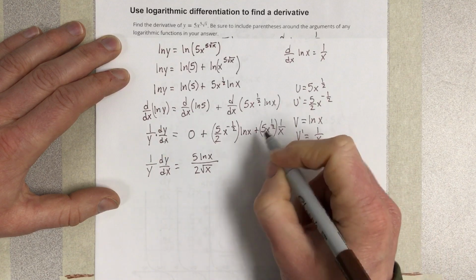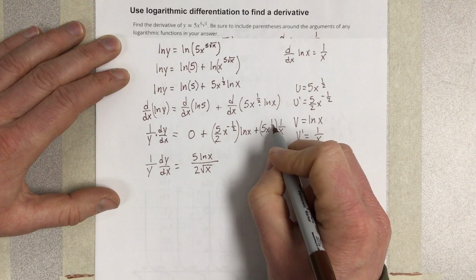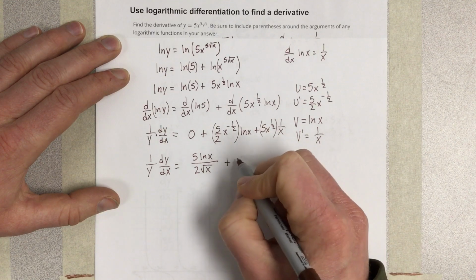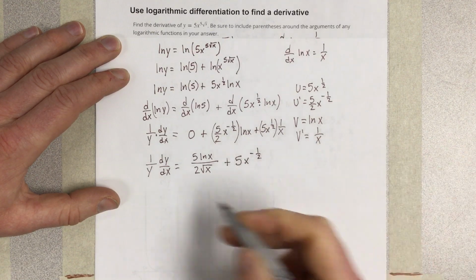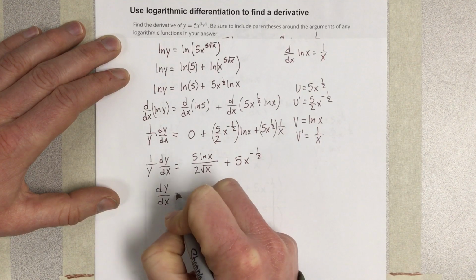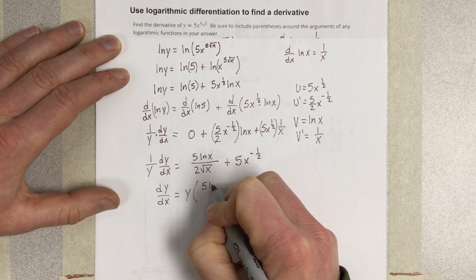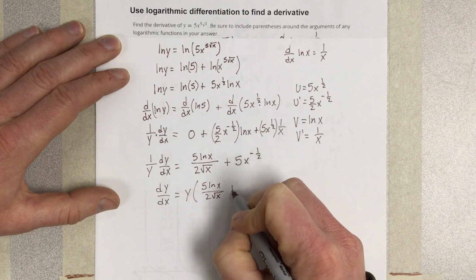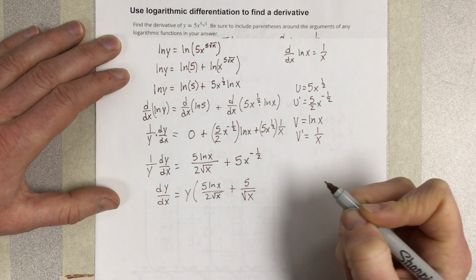And then this would be 1 over x times x to the half, that's 1/2 minus 1 essentially, so I get plus 5x to the negative half. Now I'm going to multiply y across, so I get dy over dx is equal to y times 5 natural log x over 2 root x, plus 5 over root x.